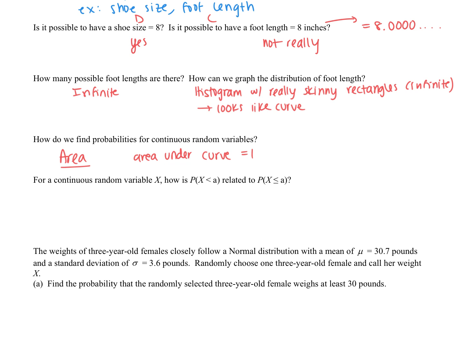Okay, so let's look at our two variables again. We looked at shoe size, which we said is discrete, and then foot length, which we said is continuous. For either of these, I want to compare the probability that x is less than some value, like 8, and the probability that x is less than or equal to some value, like 8.